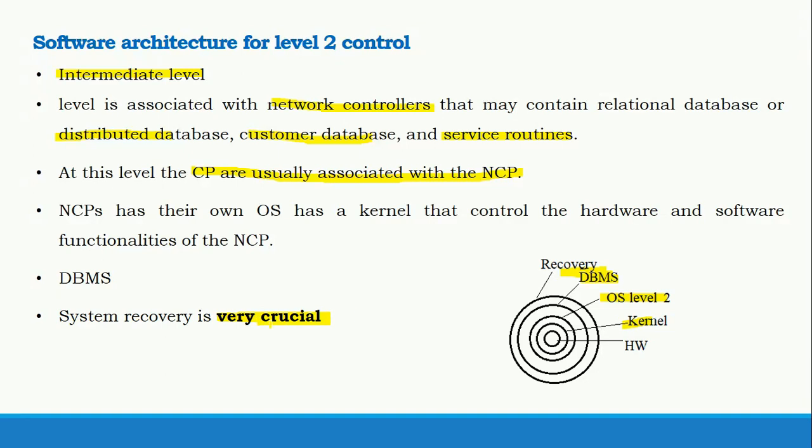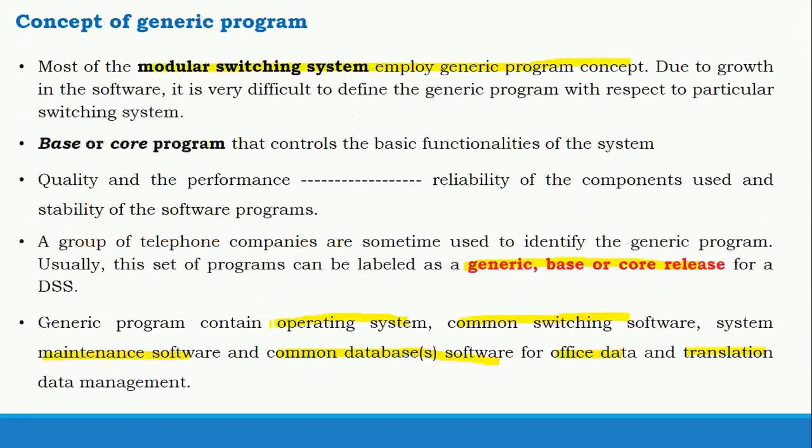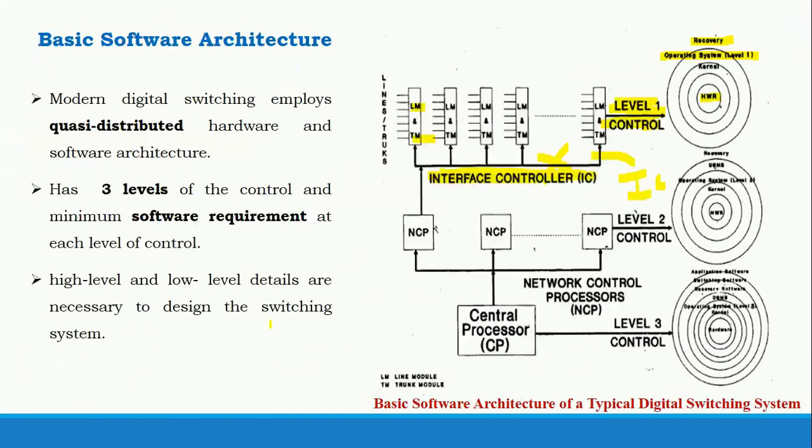Because if one NCP is disconnected, as you can observe in the diagram, the complete line modules and trunk modules and even interface controllers connected to it will be disconnected. For that purpose, it is important to diagnose it and to replace this NCP.